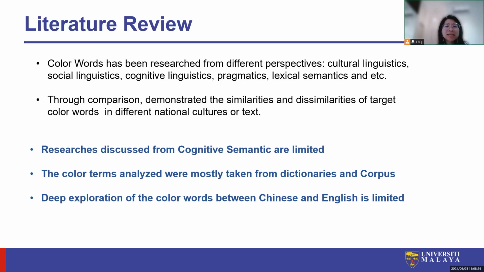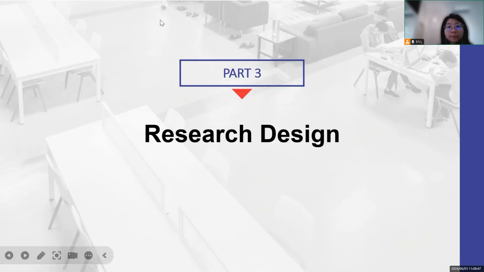But research from cognitive semantics is limited, and the color terms analyzed were mostly taken from dictionaries or corpora, and the deep exploration of color words between Chinese and English is limited. That's my part, and the next part we will move to our research design.